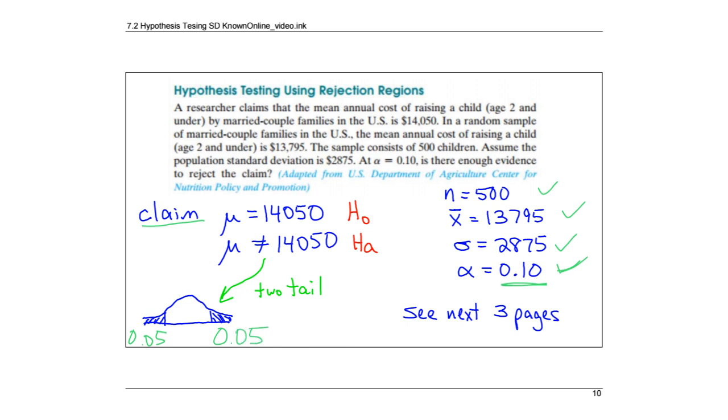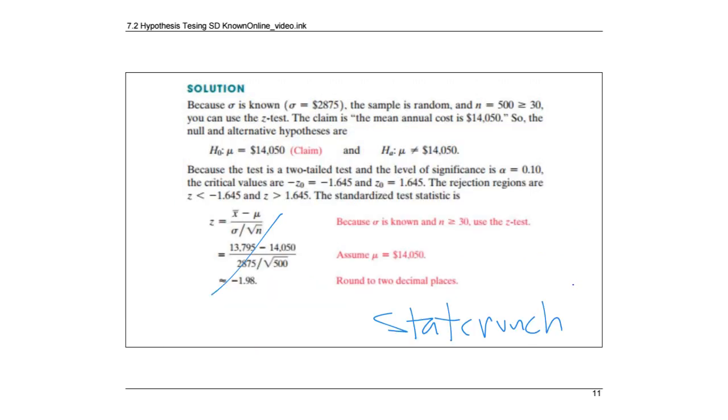That's because we have to split alpha up into two tails. Okay, this is just showing, if you want to do it by hand, how you would find the z-score. Again, don't forget to adjust the standard deviation by dividing by the square root of n.